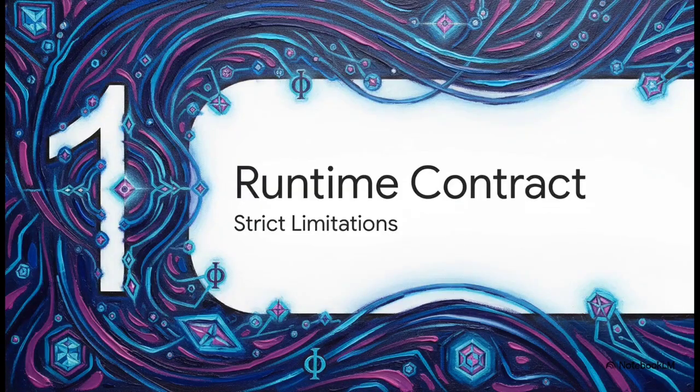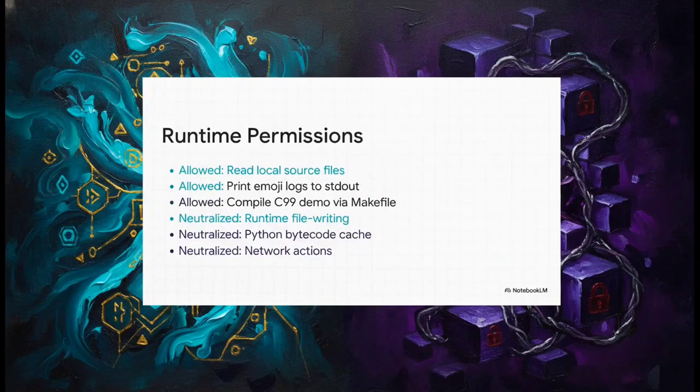All right, Section 1, the strict runtime contract. Now, what's really striking here is the massive contrast between the very few allowed actions and the huge list of banned capabilities. The system is permitted to read its own bounded local source files. It's allowed to print very specific emoji logs to standard output, basically your terminal screen, and it's allowed to compile a C99 demo via a makefile.